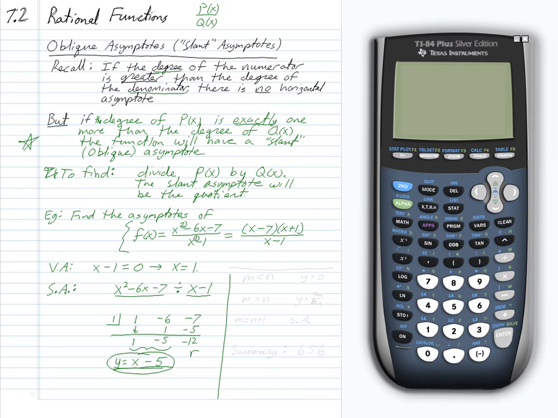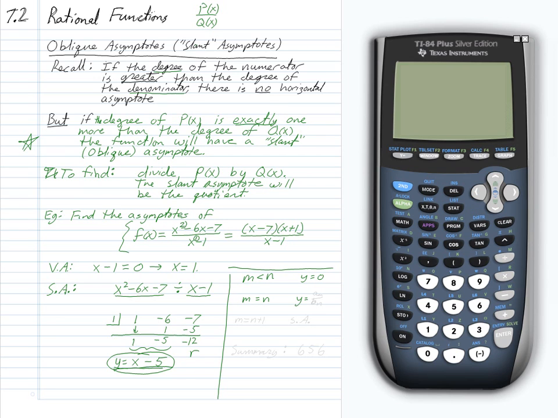So we now have 4 cases to worry about. If our numerator's degree is less than the degree of the denominator, then we have y equals 0 as our horizontal asymptote. If they are equal in degree, then we need to look at the ratio of the coefficients.